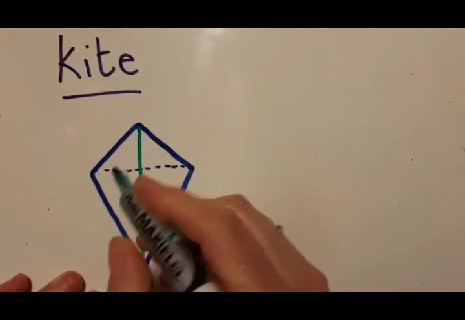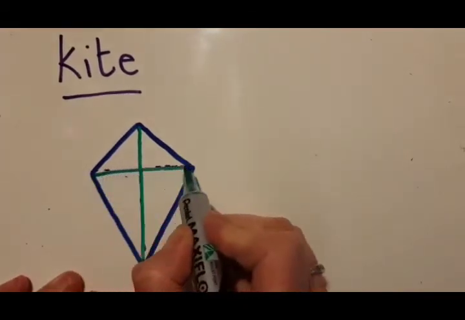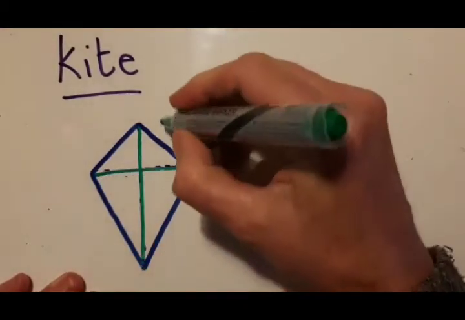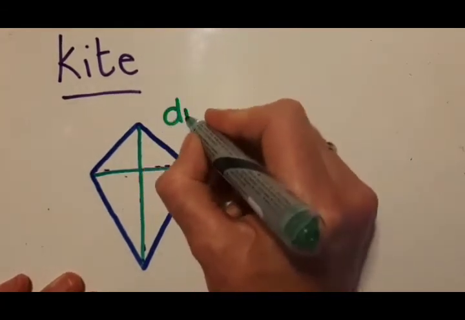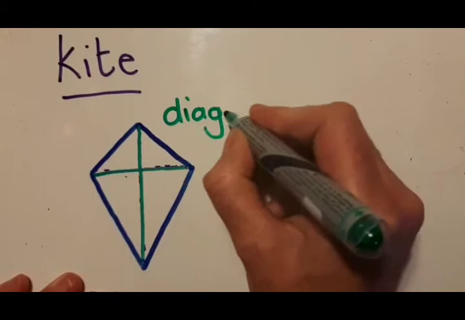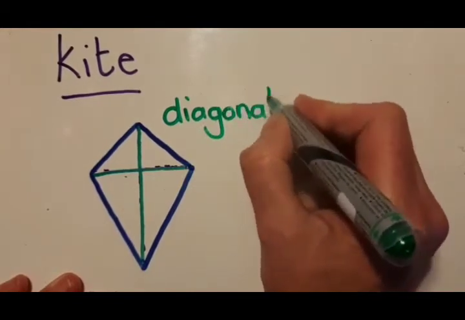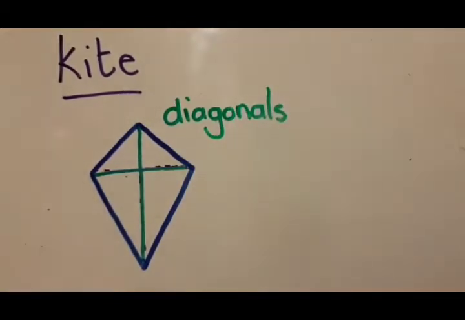And these lines are the diagonals. So the green lines, I'm going to write it over here, are diagonals. They move from one corner to the opposite corner.